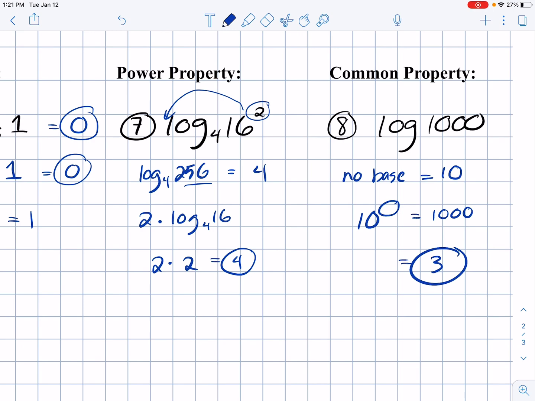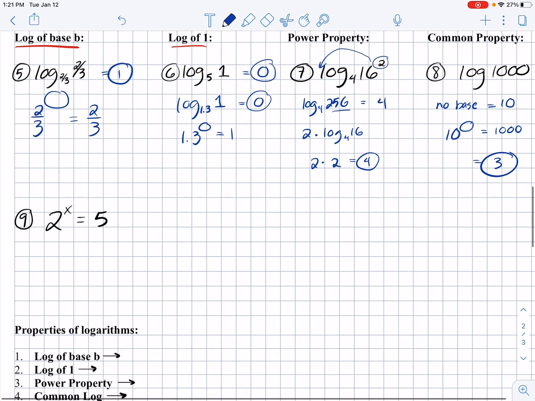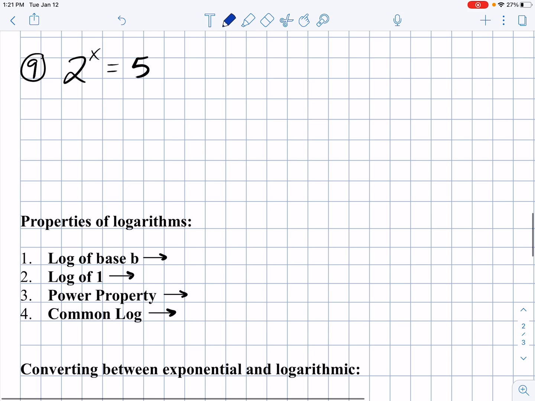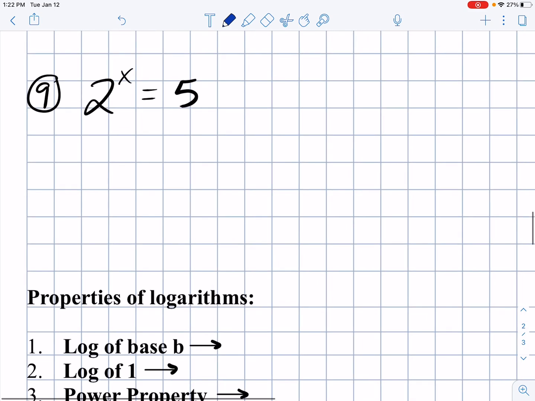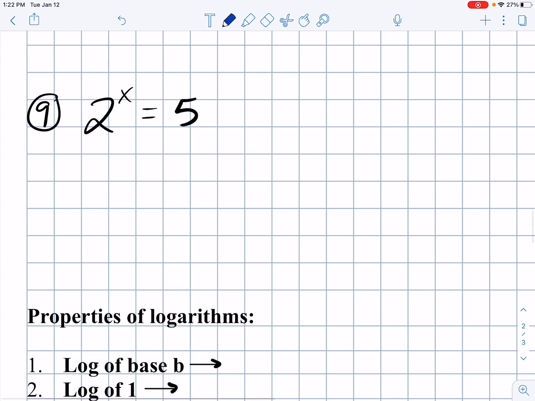Okay, great. The one last thing I want to finish with here, and then we're going to summarize those properties. When you have something like this, and we don't know what the answer is, here's where you have your calculator, and it will tell you exactly what the answer should be. We were working these earlier where if you just take the log base 2 of both sides, now you have the log of 2 base 2, and you can use this power property and move it in front.